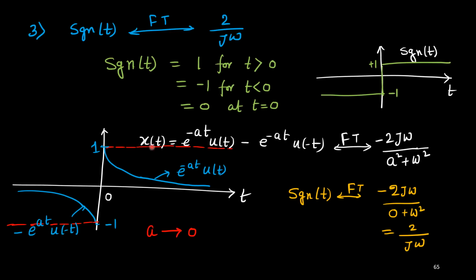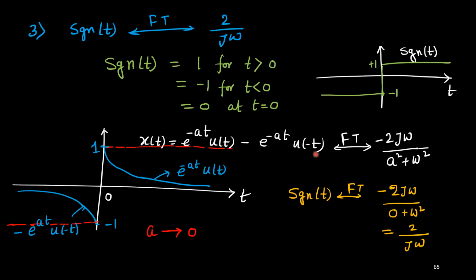It will remain at 1, because e to the power 0 equals 1. So the right side is u of t, and on the left side, with the minus sign, e to the power 0 is 1 again, with u of minus t. So the right side is plus 1 and the left side is minus 1, meaning you will simply get the signum function.